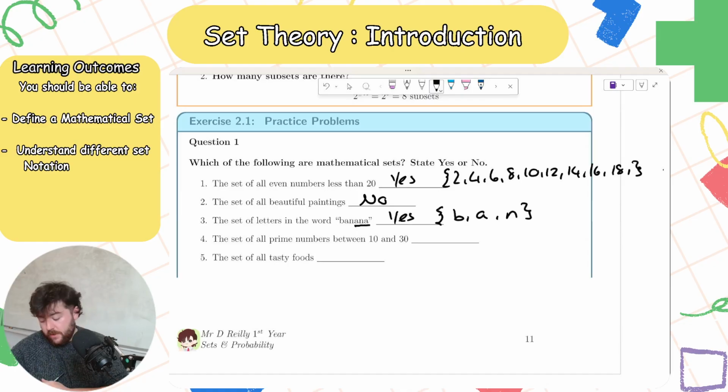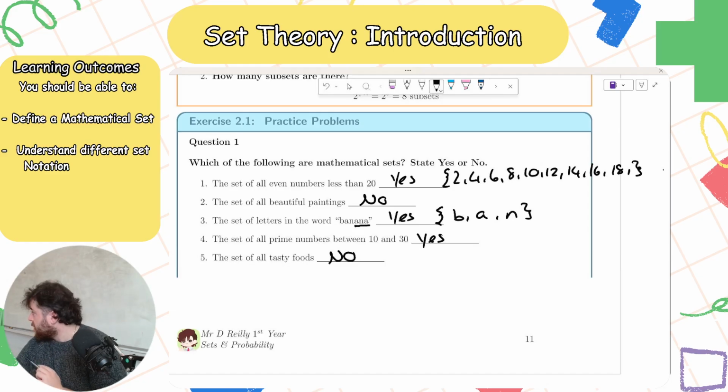The set of all prime numbers between 10 and 30. Yes, that is a set because it is clear and well defined. And the set of all tasty foods. That is not a well defined set because what's tasty food? I love tuna and sweet corn. I think that's gorgeous, but people don't like it.